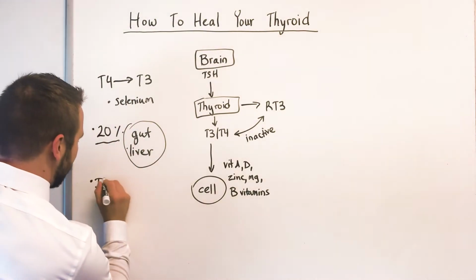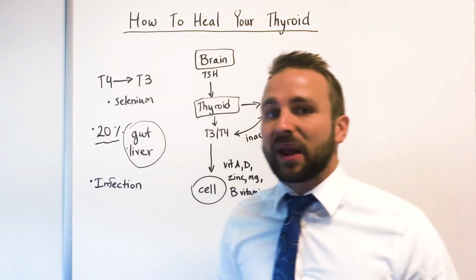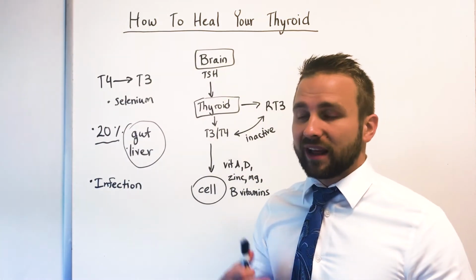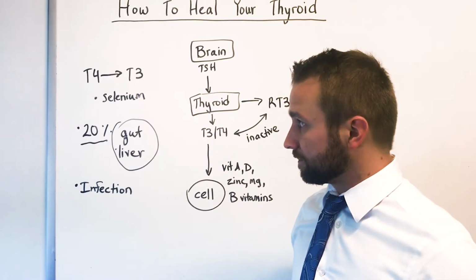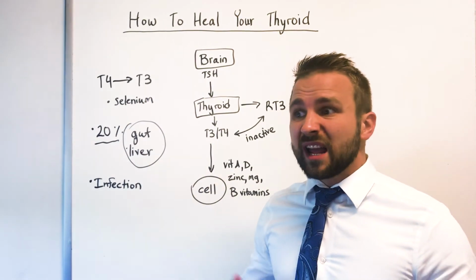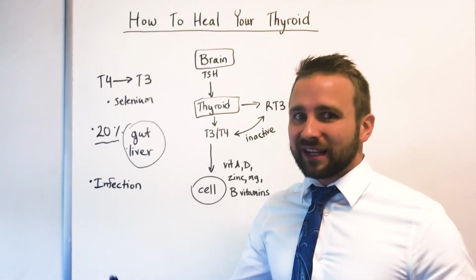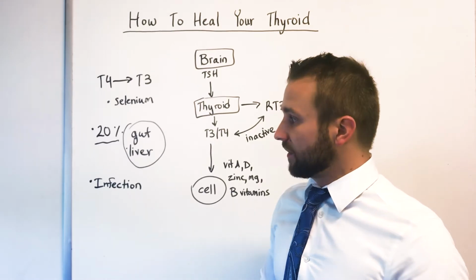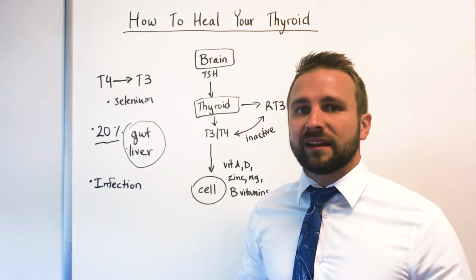So any sort of infection, because with an infection in the gut, now you're going to have an imbalance of bacteria. So you're not going to have the good bacteria to convert the T4 to T3. What else can create this? A sluggish or a slow moving liver. And what is that related to? It relates also back to the gut, because if the gut is not functioning and the liver's not functioning, these work hand in hand.